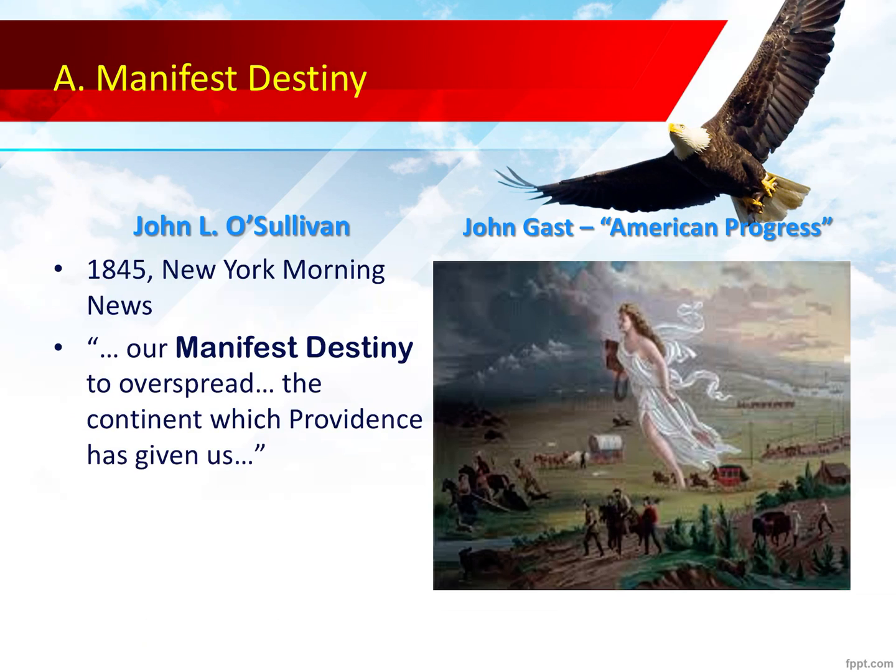First, manifest destiny. Manifest destiny was first penned officially in 1845 by a man named John L. O'Sullivan. Now, a lot of people had penned this concept, but not that exact verbiage. But in 1845, in the New York Morning News, John L. O'Sullivan writes, "Our manifest destiny to overspread the continent which Providence has given us."